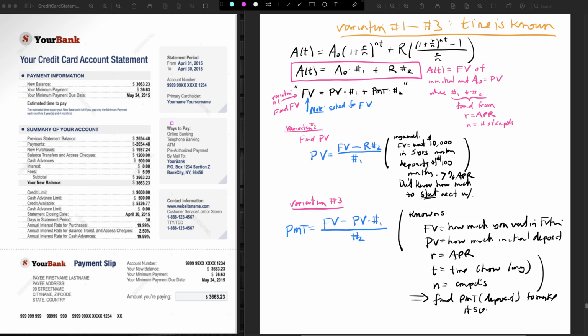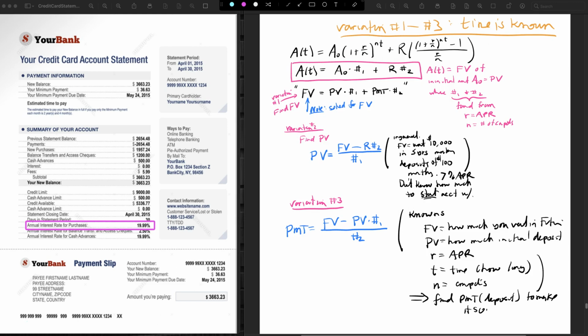We're compounding per month, making monthly payments. Okay, so that's probably consistent. I'm sorry, 30 days in a statement period is 1 month, compounding 12 times a year, or once every month, every 30 days. You can see here that the interest rate for what we've got is 19.99%.